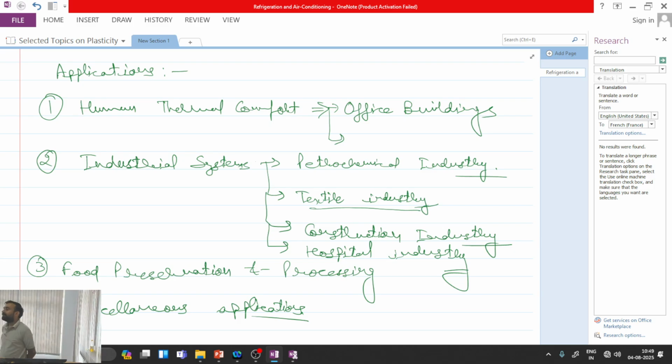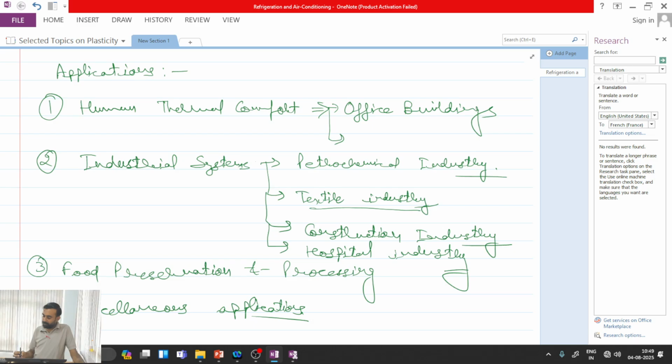Other than that, say you are a researcher doing research on material testing, and you have to test material at minus 50 degrees Celsius, minus 90 degrees Celsius. Then what you need to do? In your research application, you need to develop some experimental facility, some chamber which can maintain the temperature condition up to the desired level. For example, all these superconductivity experiments are being done at very low temperature conditions. So for achieving all these tasks, you have to employ refrigeration and air conditioning.